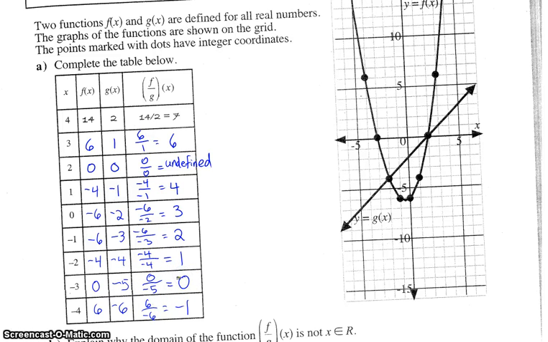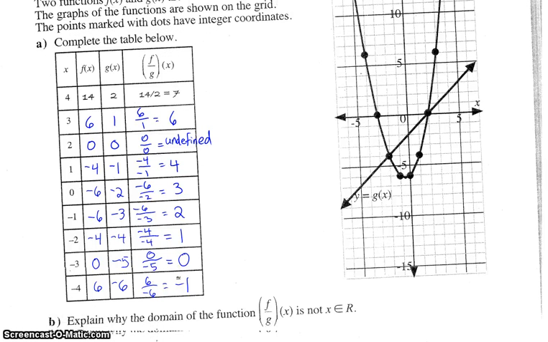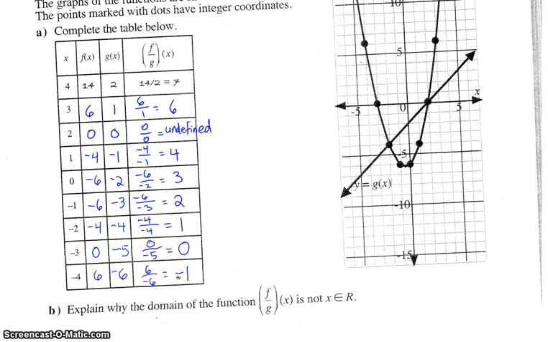Okay, now the first question they ask after we complete the table is explain why the domain of the function f divided by g of x is not x an element of the reals. So they're implying that there's a value of x that isn't possible. Well, this one here, where we ended up with a y value for f divided by g that was undefined, as a result, we can't have this x value either.